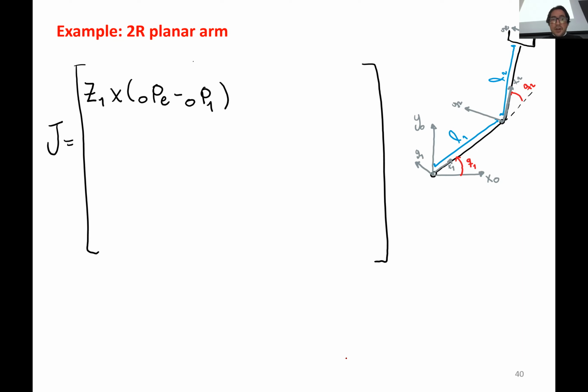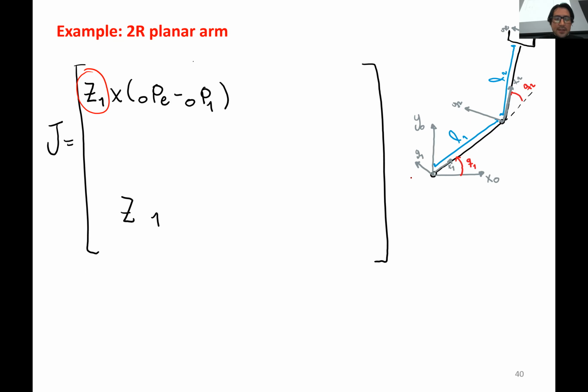So in our case, first let's start with the first column. For joint one, for our link 1, we have the axis of rotation of link 1, which is z1, multiplied by the difference of the position vector of the end effector minus the position vector to link 1, and then at the bottom we only have the axis of rotation of the joint.